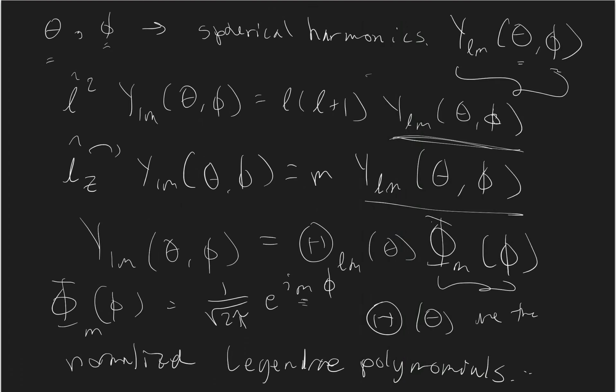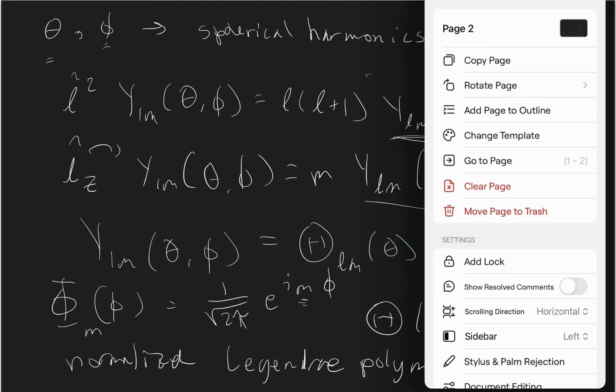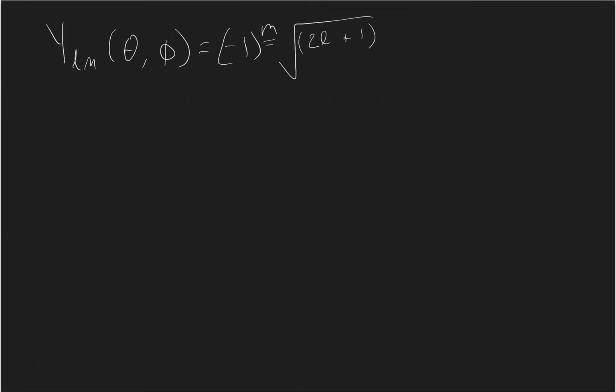Okay, they're the Legendre polynomials, and hopefully you guys can follow this, but the Legendre polynomials are going to look something like this in their full orthonormal basis. They're going to look like (-1) to the power of that eigenvalue there, with this 2L plus 1 over 4 pi.